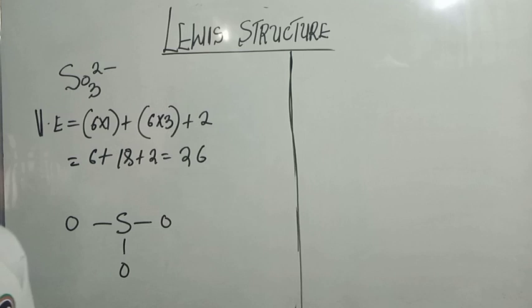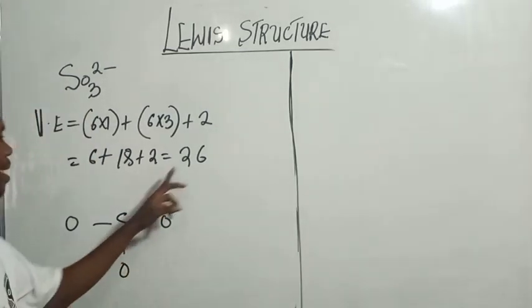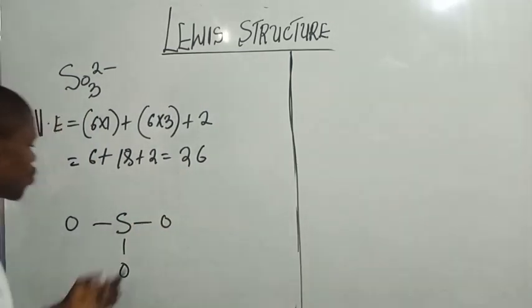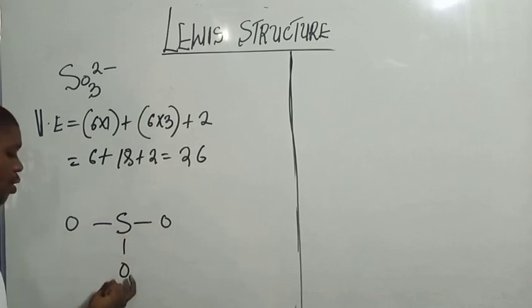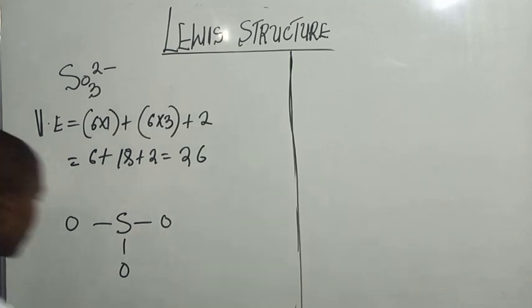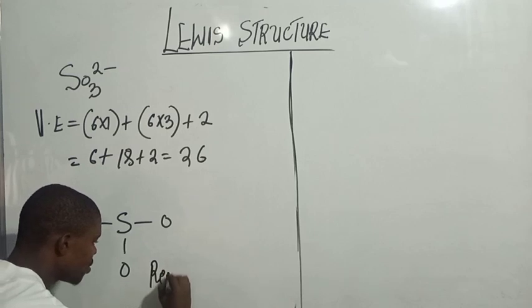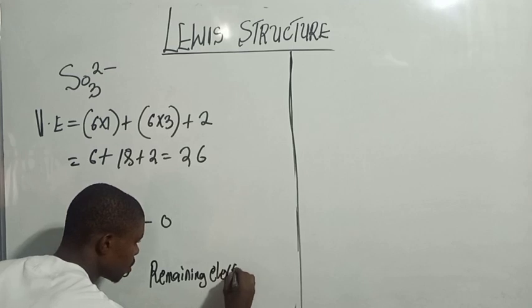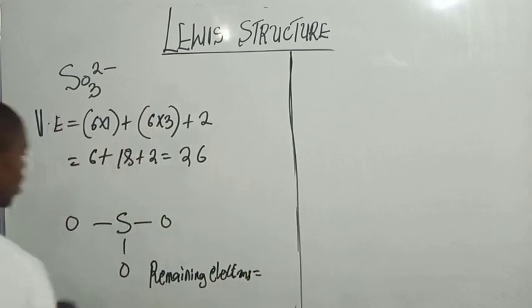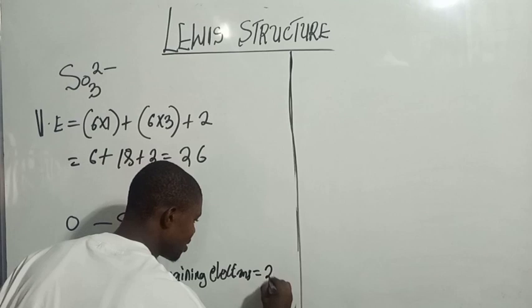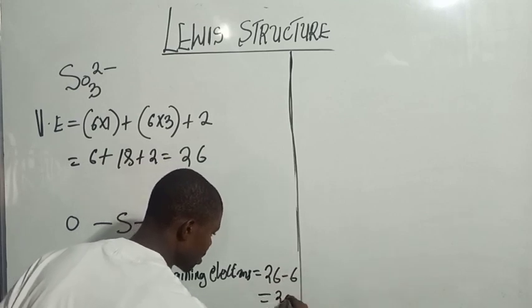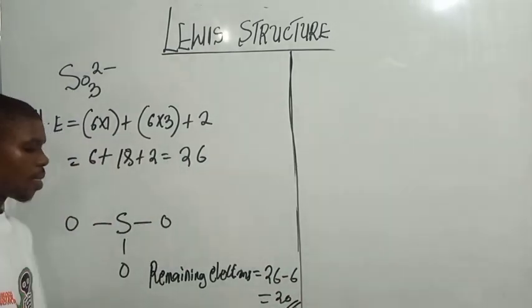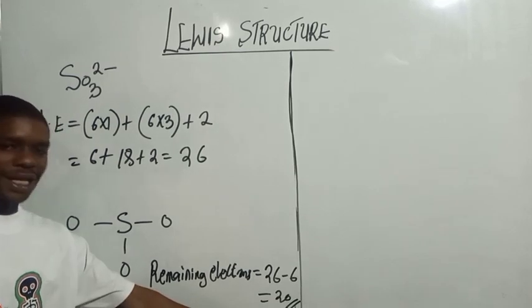So out of my 26 electrons, I've used 6 electrons forming the bonds. So remaining electrons is going to be 26 minus 6, which is 20. So it means that I have 20 electrons left.